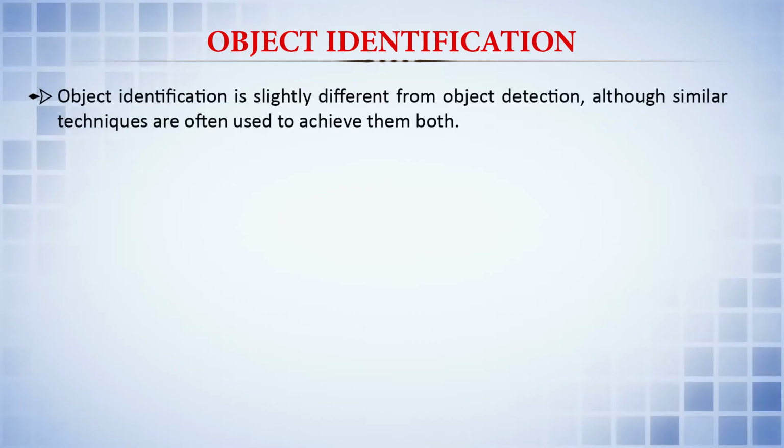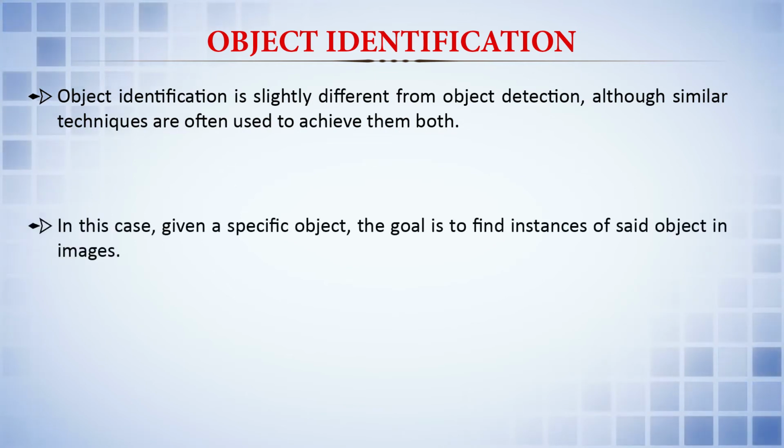So the other task that we have is object identification. Here, object identification is slightly different from object detection. Although similar techniques are often used to achieve both, there we are using the counting kind of thing. In this case, given a specific object, the goal is to find instances of said object in images.